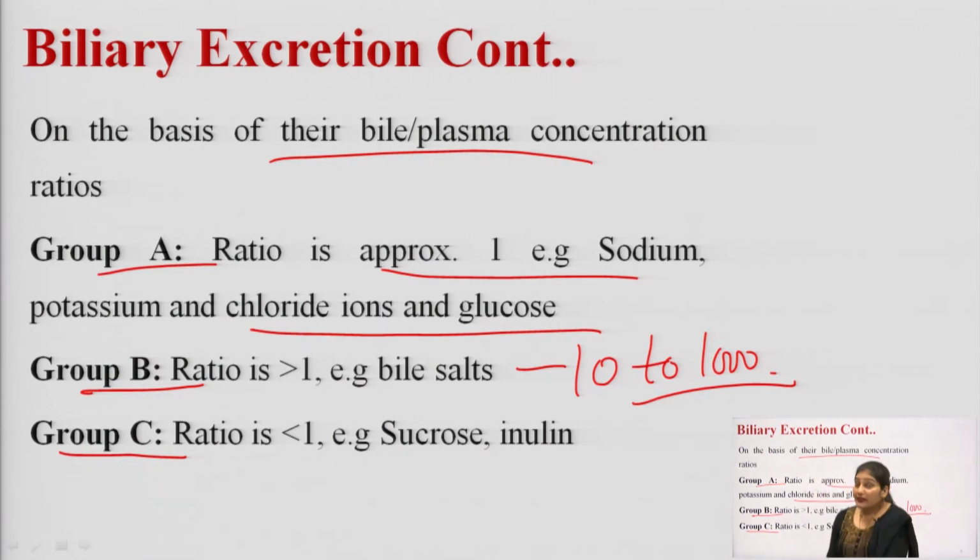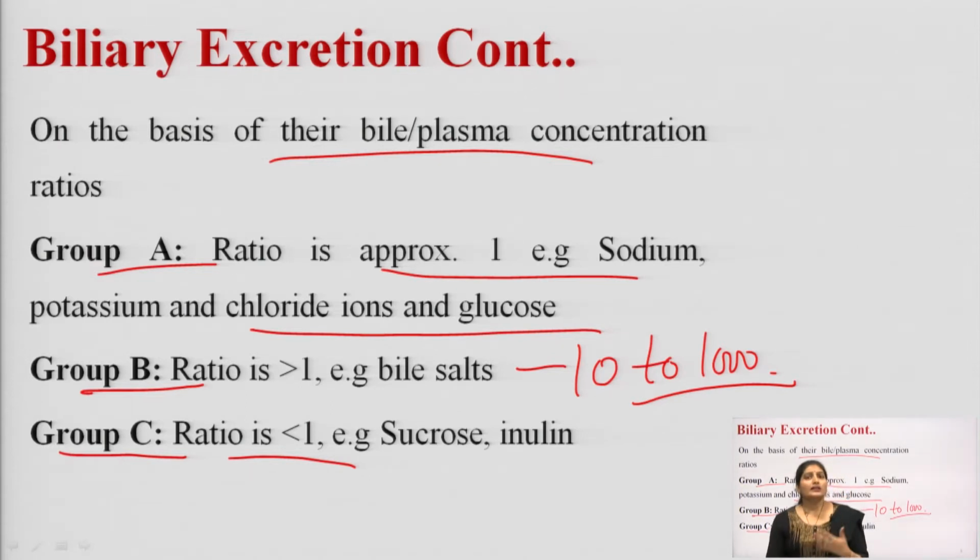The third category is group C, in which the bile to plasma drug concentration ratio is less than 1. For example, sucrose, inulin, phosphatase, phospholipids and certain mucoproteins. So, these are the 3 categories in which we categorize drugs on the basis of their bile to plasma drug concentration ratios.